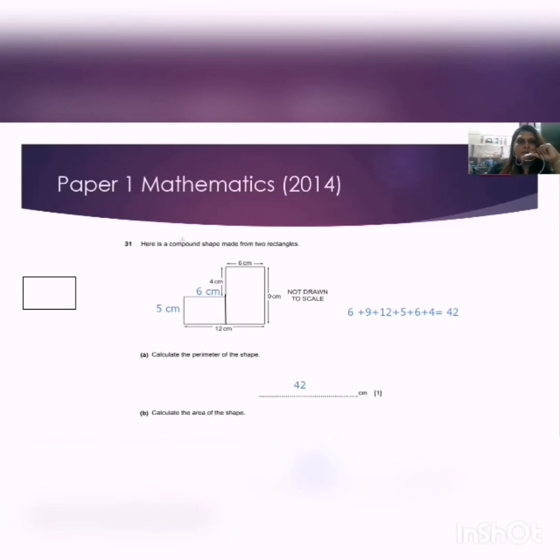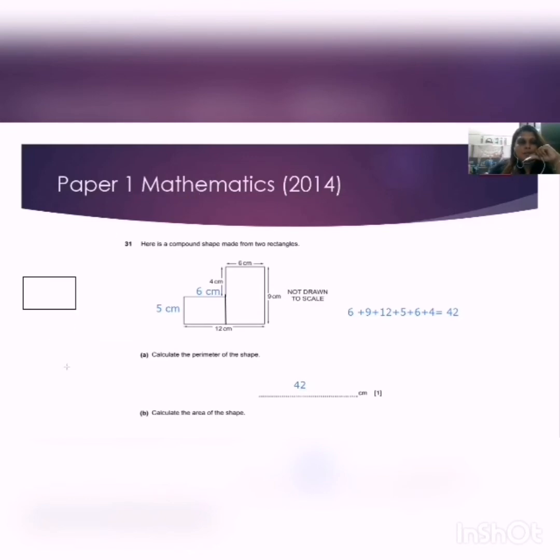Now, here we have 6 centimeters, and here will be 5 centimeters, and 6 centimeters and 5 centimeters. I'm going to draw it a bit far here.